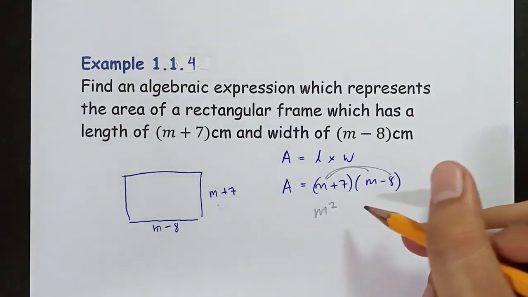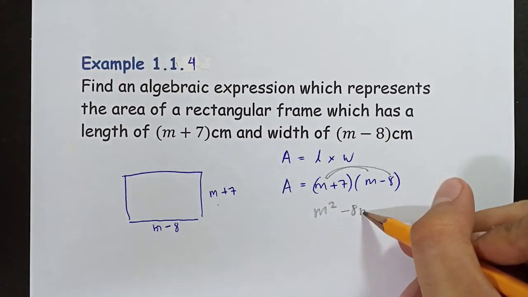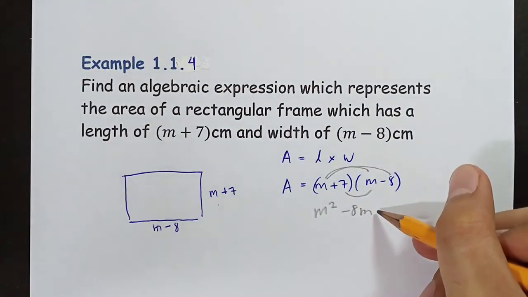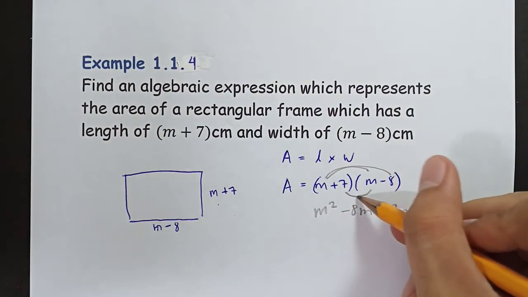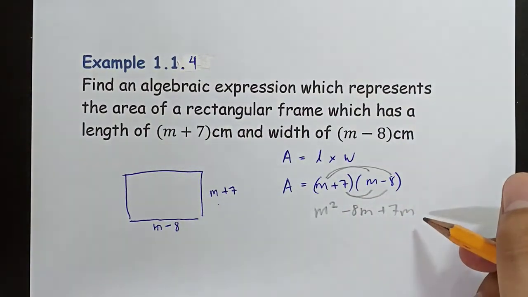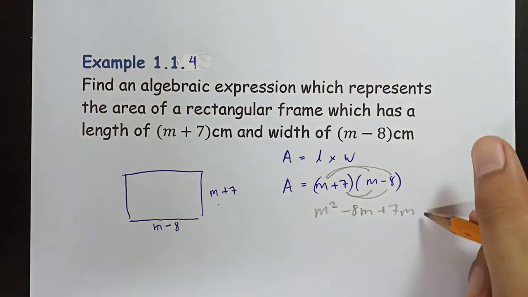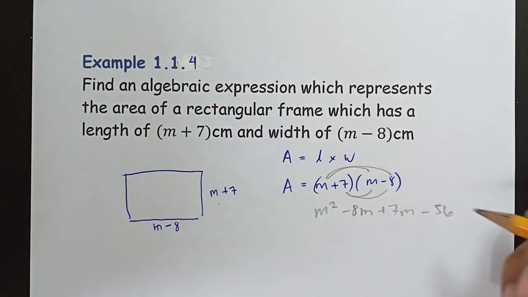M times negative 8 is negative 8m. 7 times m is 7m. 7 times negative 8 is negative 56. Then simplify.